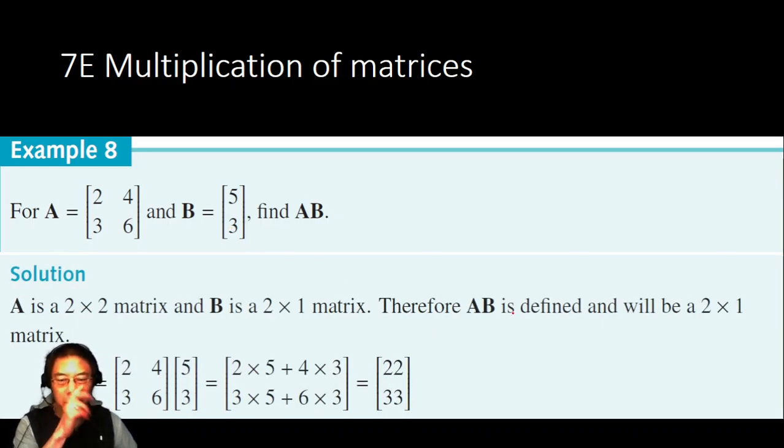Therefore, AB is defined because the number of columns in matrix A is the same as the number of rows in matrix B. It needs to match as a rule, but the reason why is when you evaluate this, first row, first column, you can see the number of columns here and the number of rows have to match so you can do the multiplications. If they were different, it wouldn't work. So you must have those numbers identical. And then you get the answer by using your order of operation.